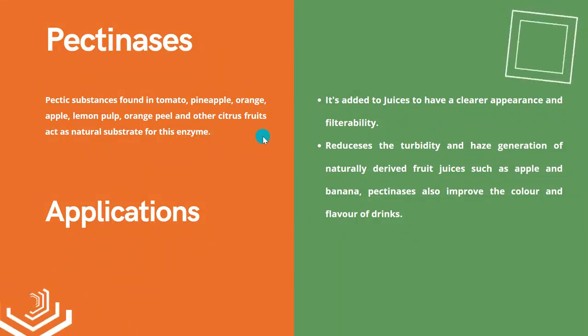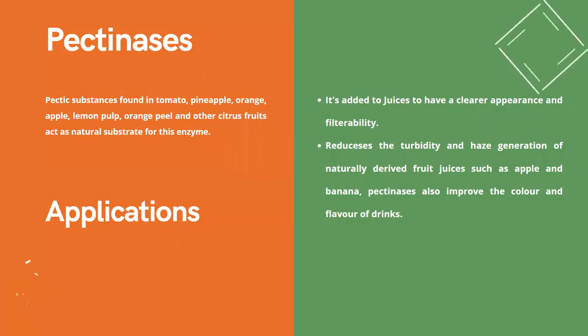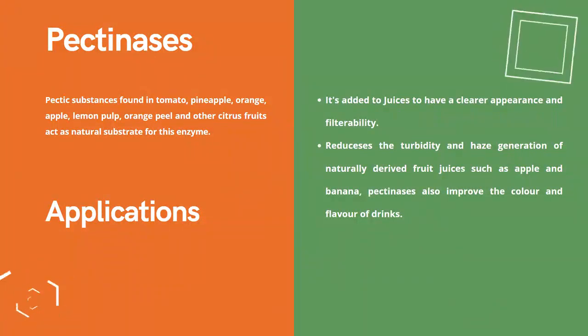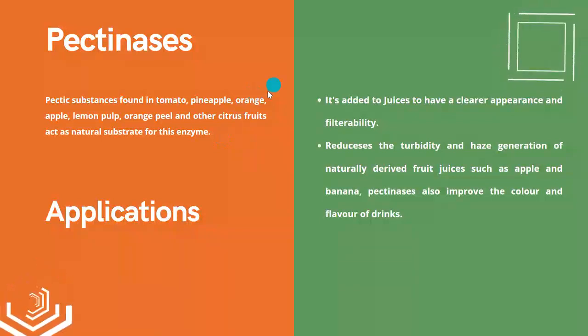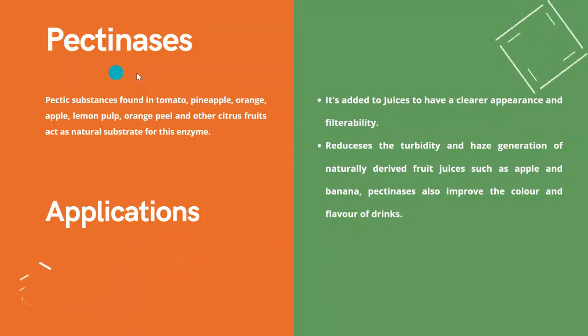If you see the application, it's added to the juice to have a clearer appearance and filterability. As we read about the cellulases, similarly pectinase is also widely used in the juice industry, but majorly in the citrus fruit industry. If you drink the pineapple juice or the orange juice or the lemon juice from the Tropicana pack, you will see behind that package the list of ingredients.